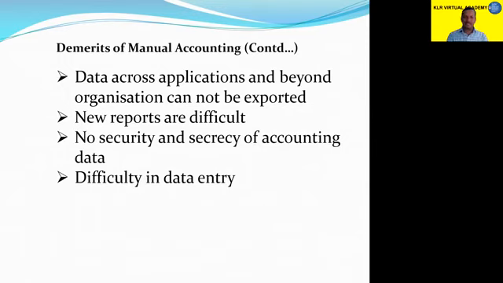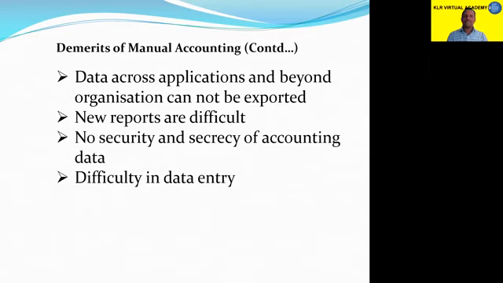In a manual accounting system, it will generate only accounting reports. For income tax, you are supposed to prepare one more kind of report, and for GST or VAT, another kind. Many kinds of reports you are supposed to prepare in manual accounting. But with computerized accounting, there is no such burden. So this is an important aspect of computerized accounting.